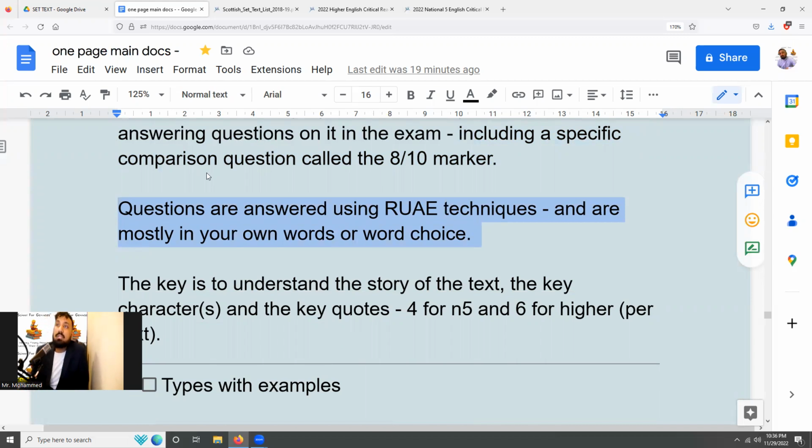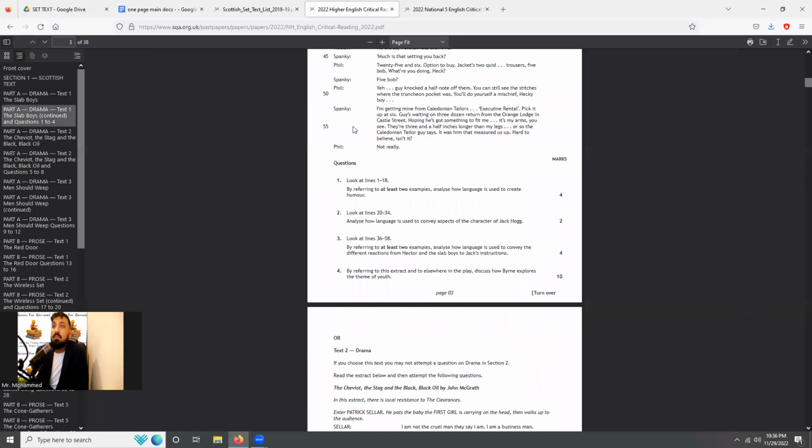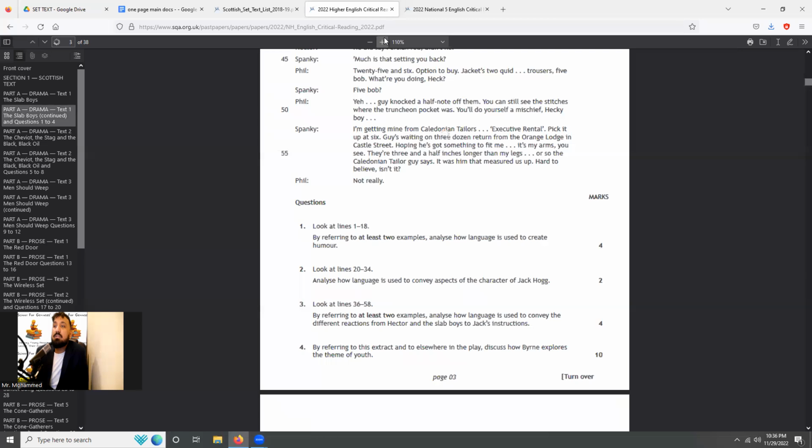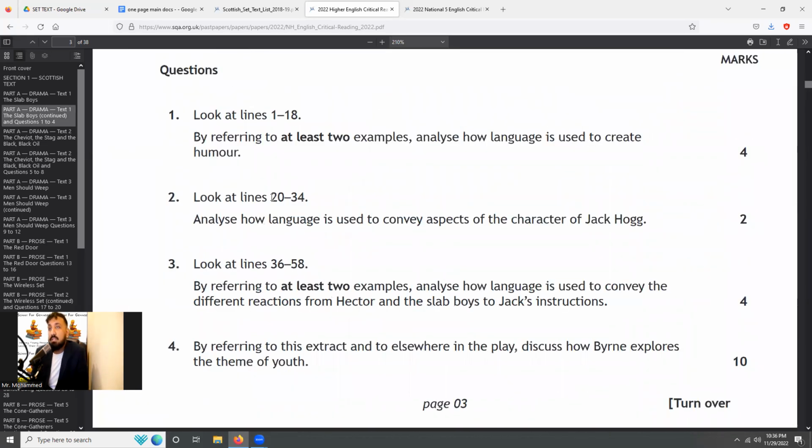Just to show you an example, here is the past paper, the exam that just happened. Notice how it looks just like RUAE. Analyze language, this is word choice, analyze language, word choice.